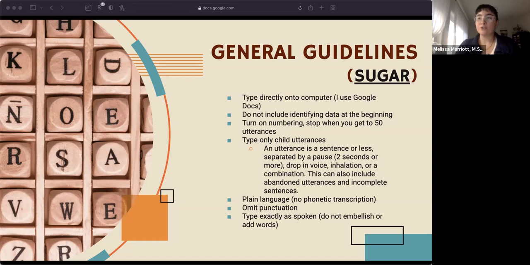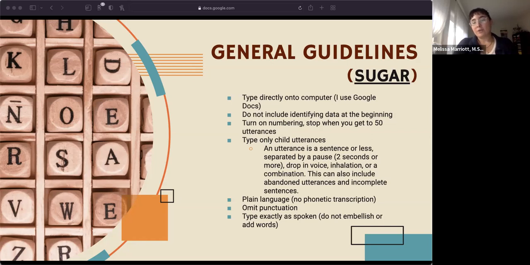So either a drop in voice or a rise if they're asking a question, inhalation, like taking a breath, or a combination of those things. Abandoned utterances, so an utterance that they started and then just kind of trailed off, still count as utterances. It's an incomplete sentence, but it's still an utterance.